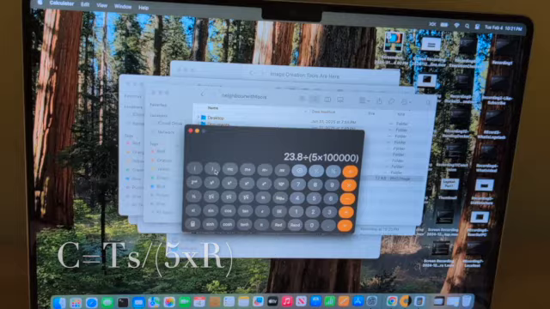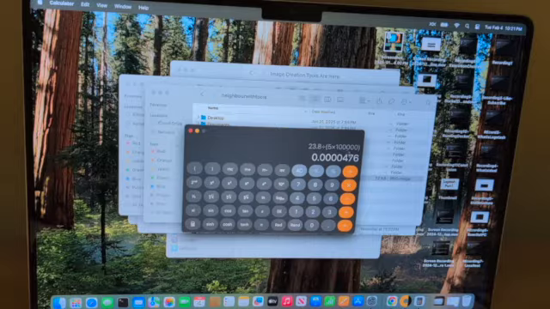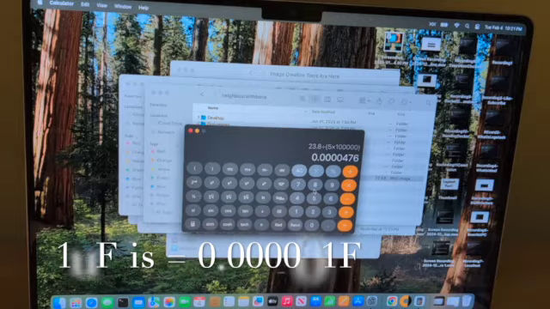And that should be our capacitance. What we get here is that our capacitance is 0.000476 farads. Okay, so let's check it out.